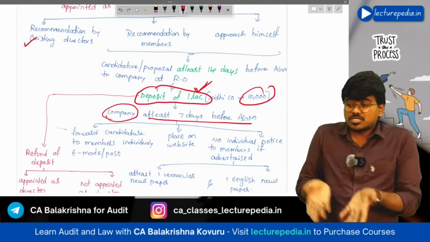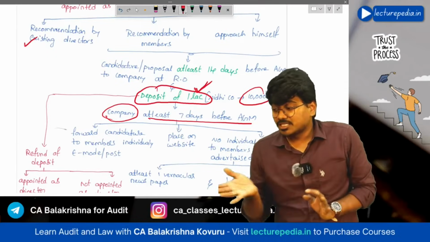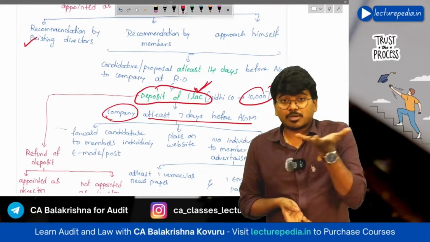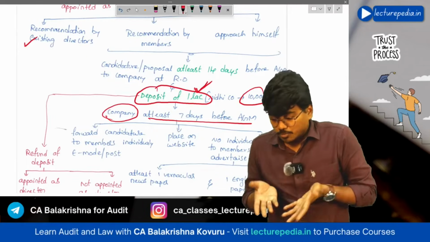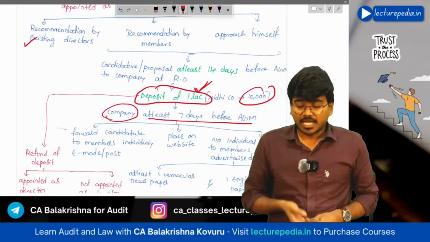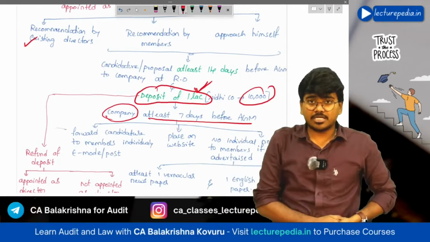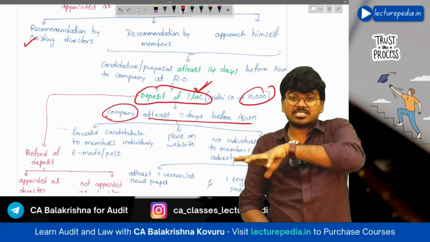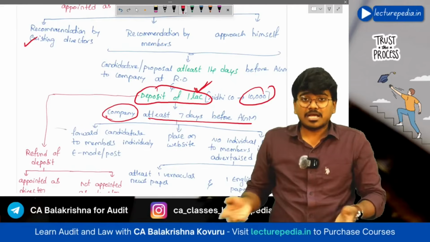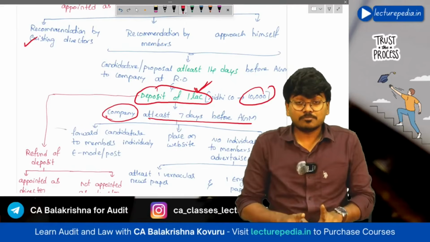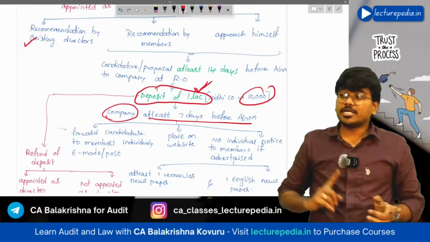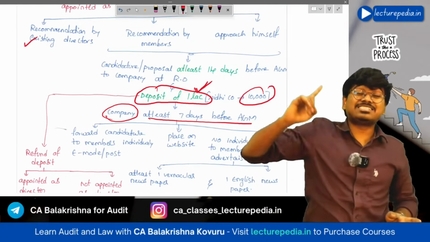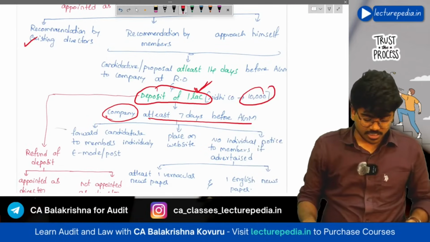The company has to inform the shareholders that, see shareholders, we have received this proposal from this person to appoint him as a director. You please check his details and give your decision in the annual general meeting. To take this decision, at least some time has to be given to the shareholders, so this candidature has to be circulated by the company to the shareholders at least 7 days before the general meeting.